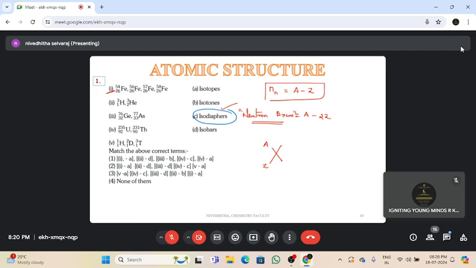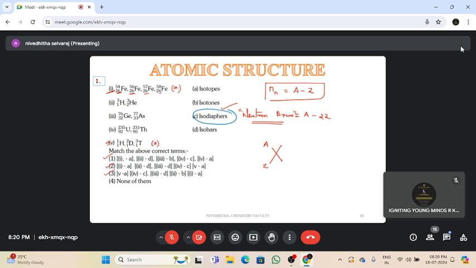So here these species have the same atomic number but different mass number, so this is considered an isotope. And the fifth species also has the same atomic number but different mass number, so this is also an isotope. So first and fifth will have A, here and here also. So we cannot screen the options from isotopes.